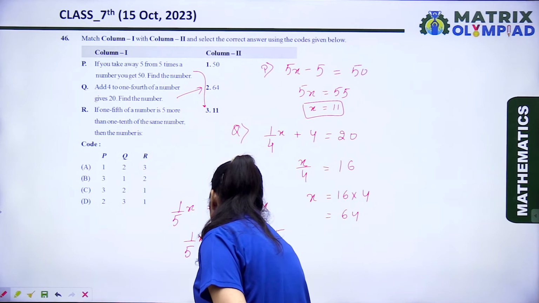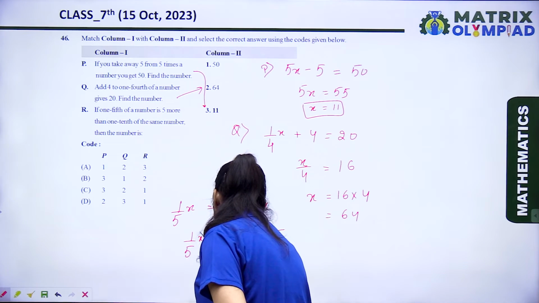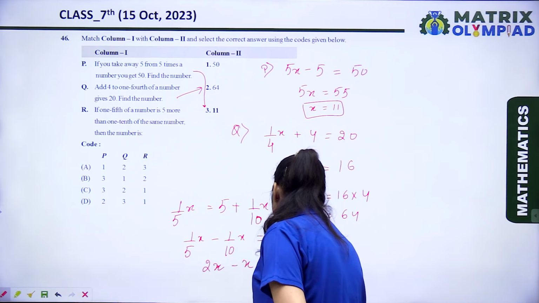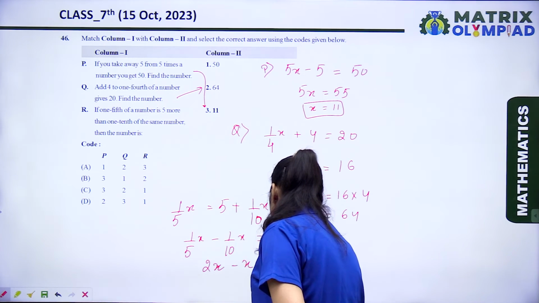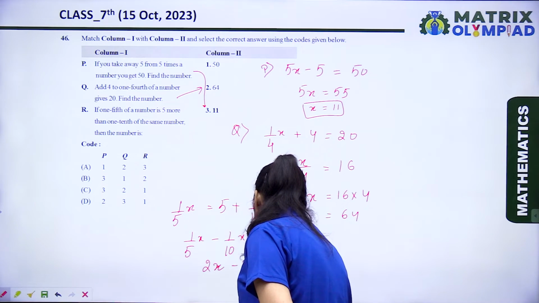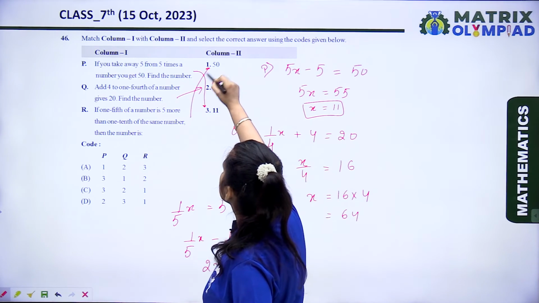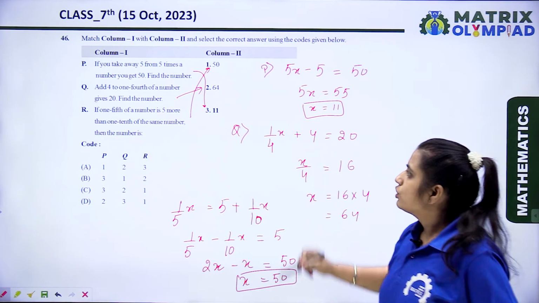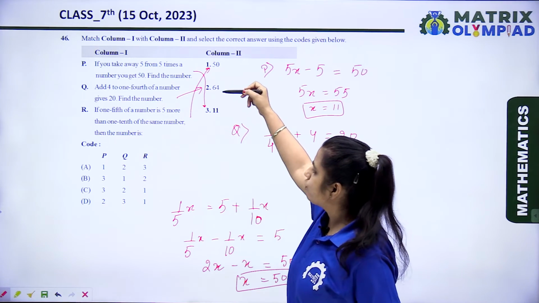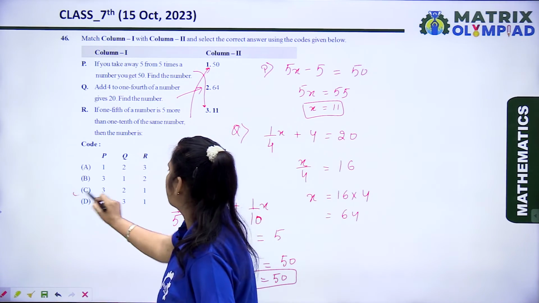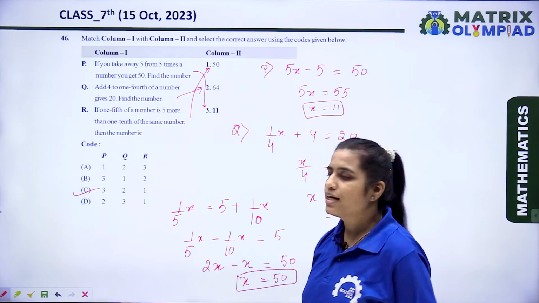Taking LCM, we get 2x minus x equal to 50. Here x is equal to 50. So the next one is 1. So here the sequence is 3, 2, 1. So here option C is the correct answer.